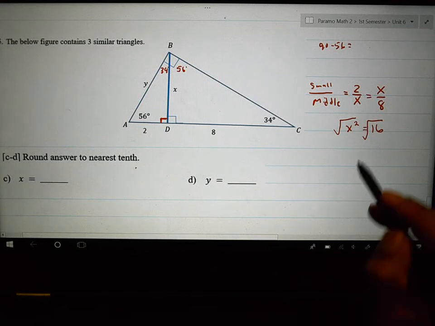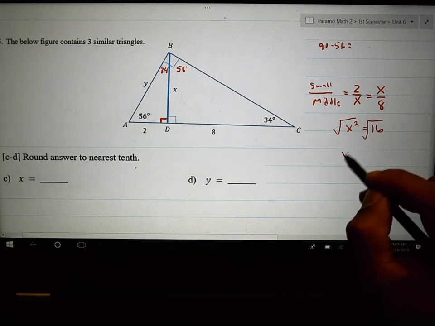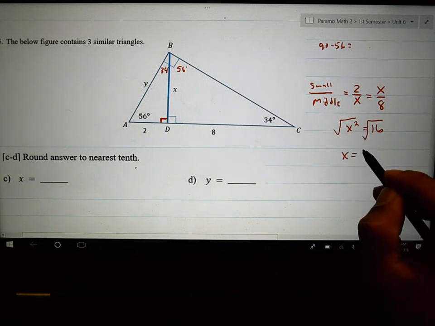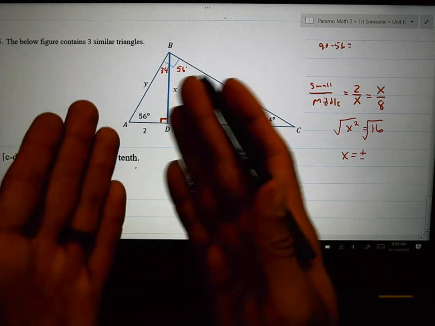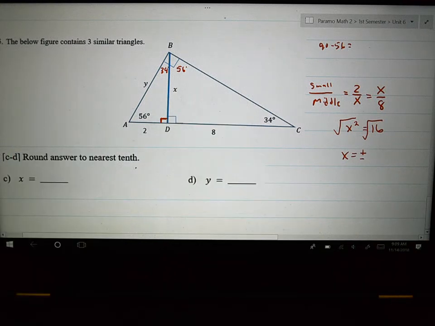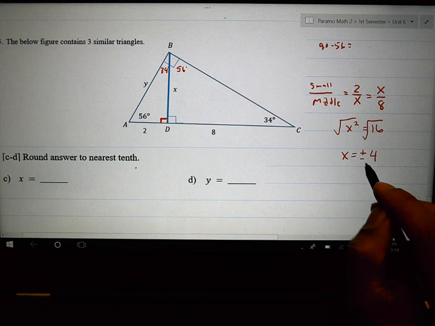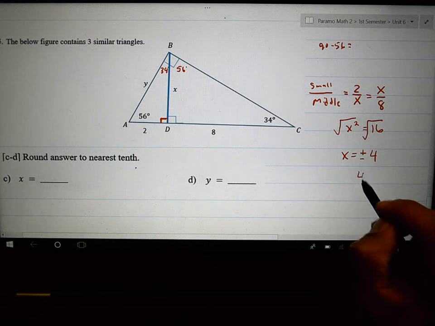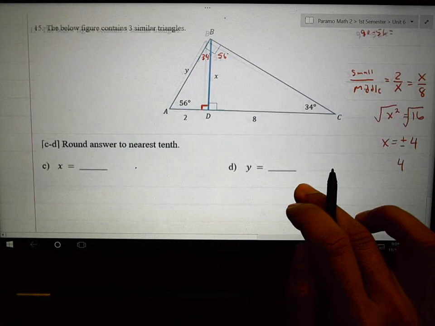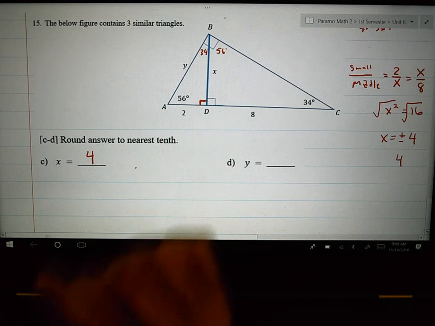The square root of x squared is equal to x. Technically, this should equal a positive or a negative, but since we're dealing with geometry, we can ignore the negative value. The square root of 16, I bet you guys know what that is. But we can ignore that negative value, so x is going to have to be 4 in this case.